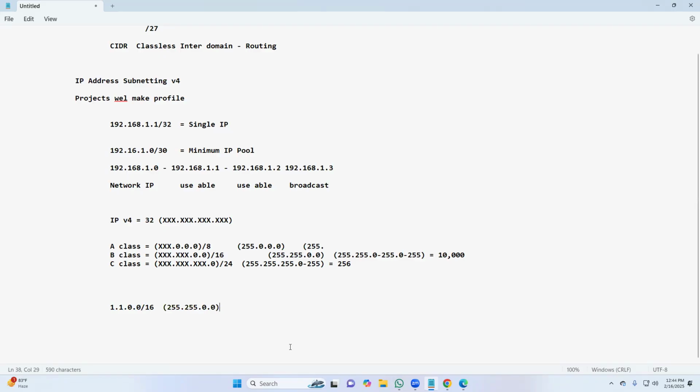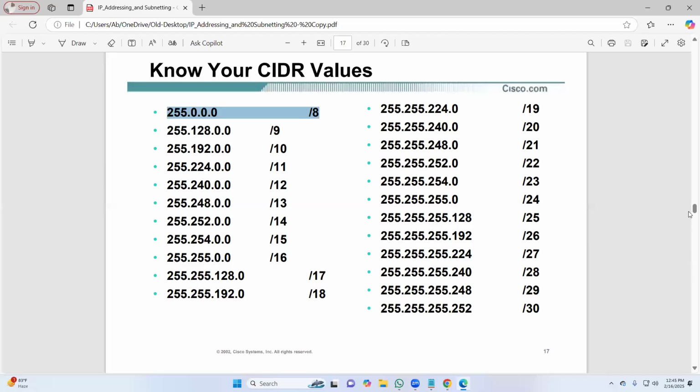Okay, which I also defined here. If you have 3 capacity, then /8. If 2 capacity means 16. If 1 capacity means 24. You can check the subnet mask. /28 means this is the subnet mask.